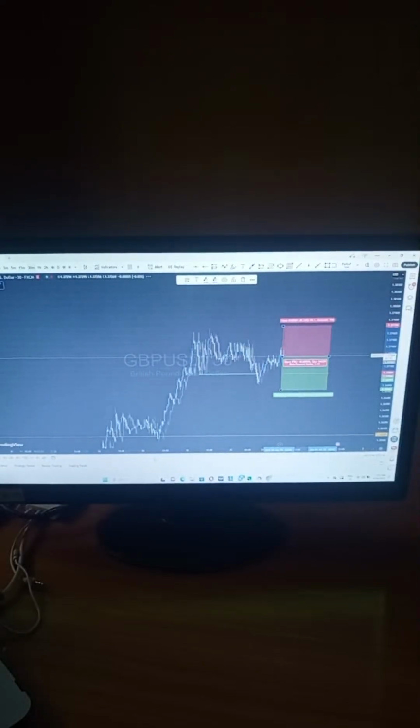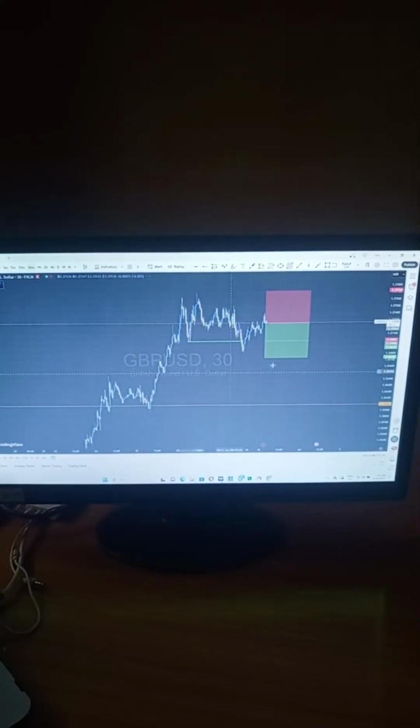I'm telling you what I see. Target a clean 1:2, narrow is not the best. A clean sell on GBP USD. I'm sharing it with my community right now.